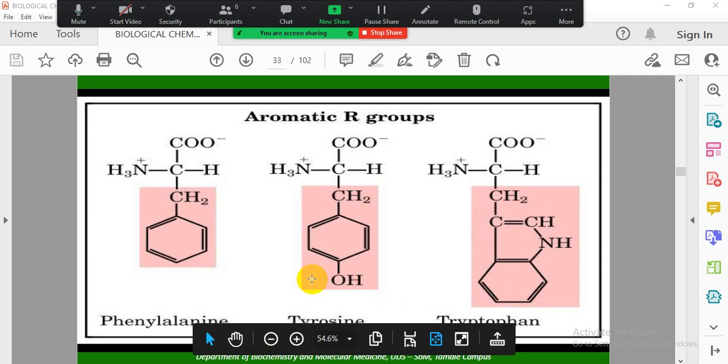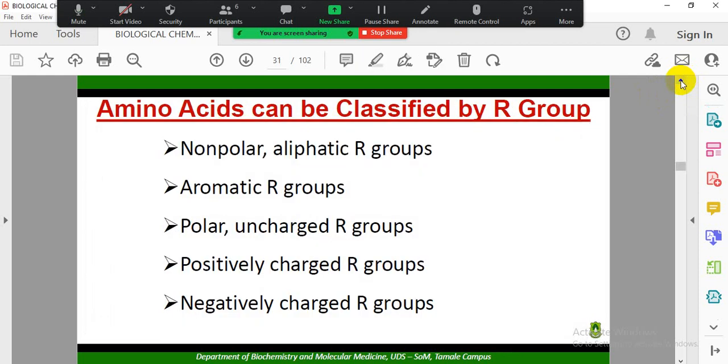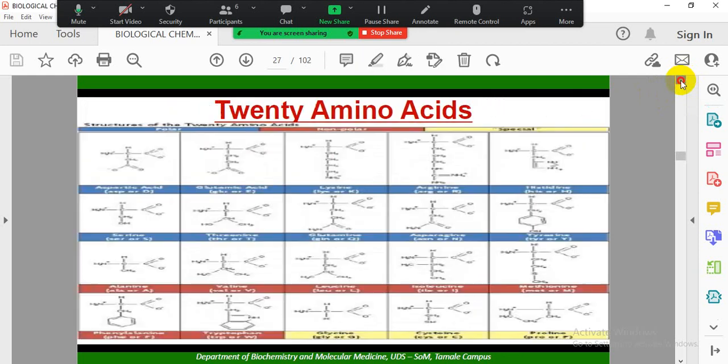Can you see? No, okay, sir, please, it has now come. Okay, maybe your network. But others were seeing it. No, sir. Okay, so can you see phenylalanine now?